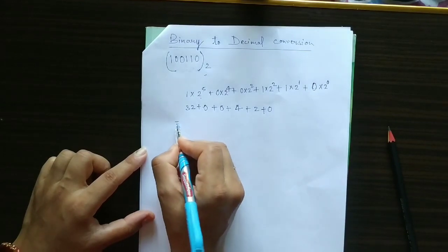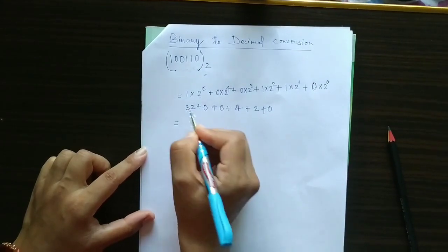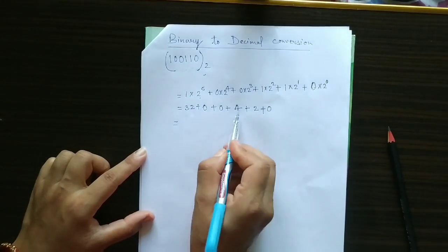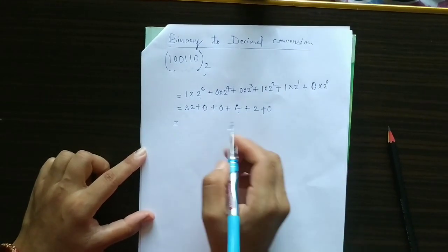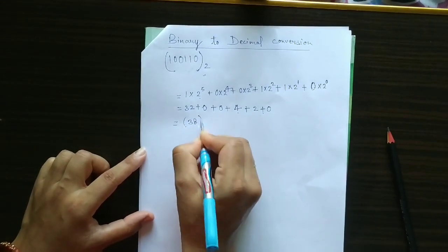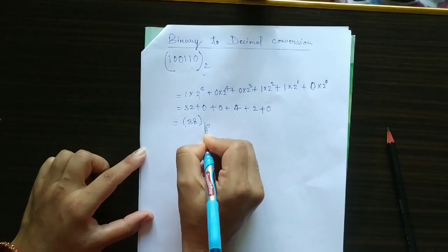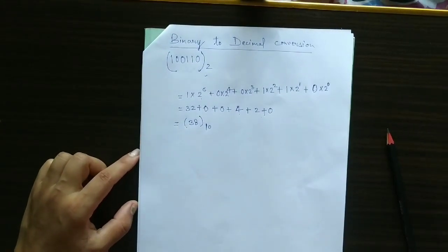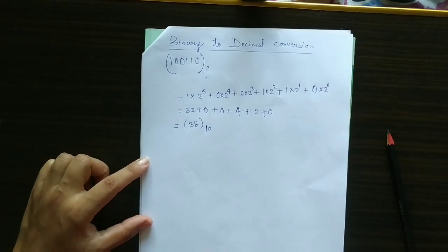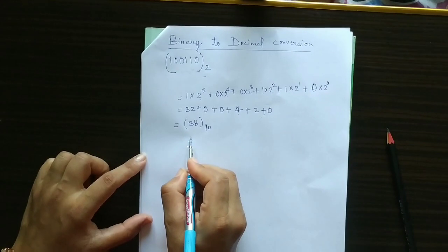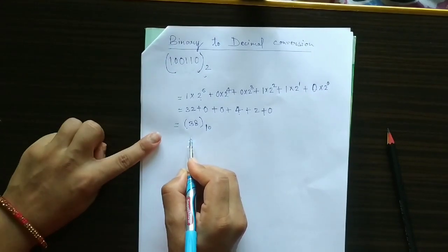Now add these numbers. Base 10, and this number is converted to decimal number system. So this is how we convert binary to decimal.